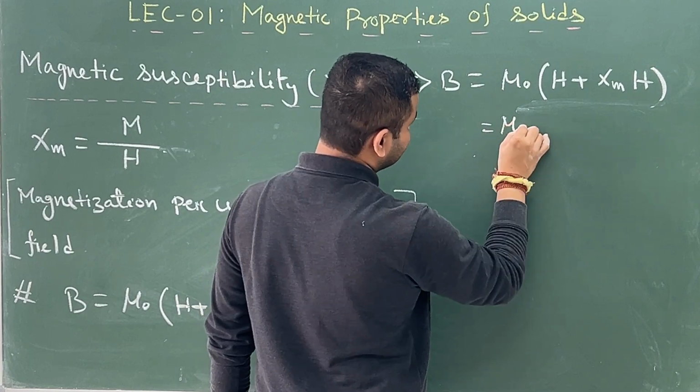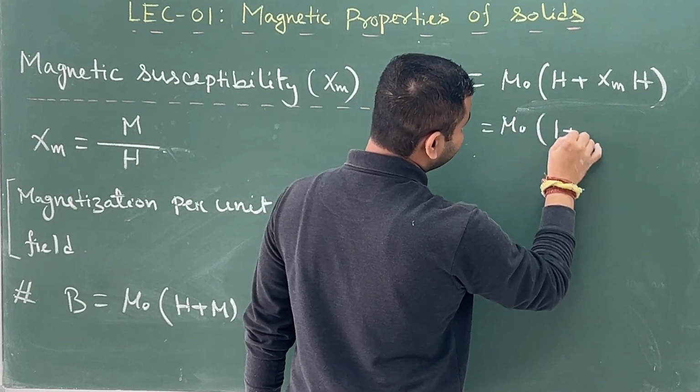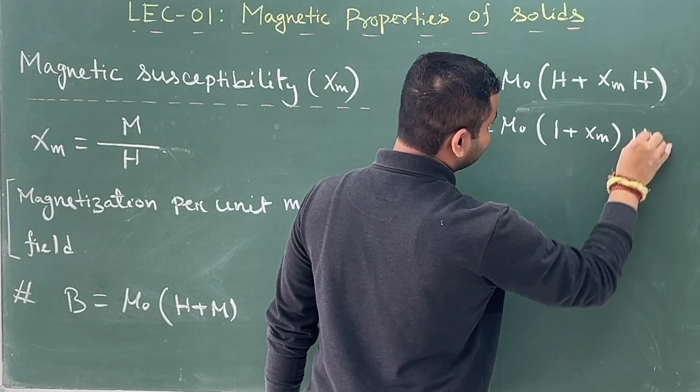So we will get mu naught into 1 plus xi m into H.